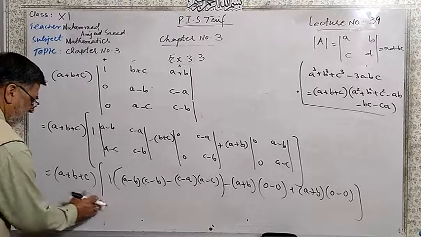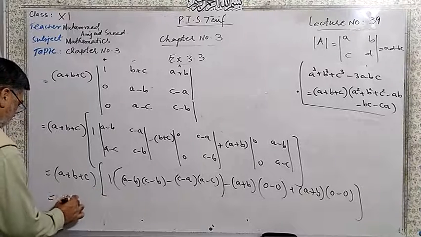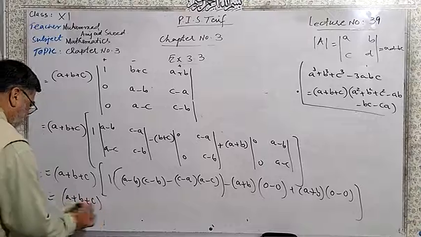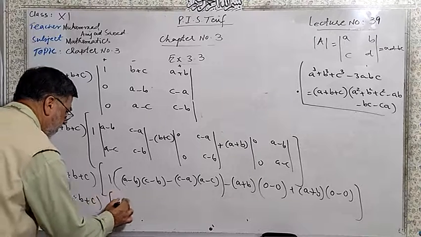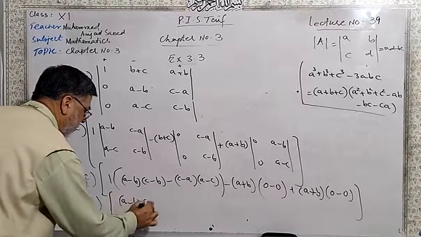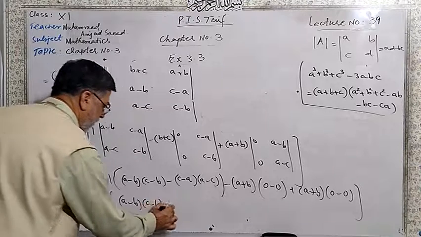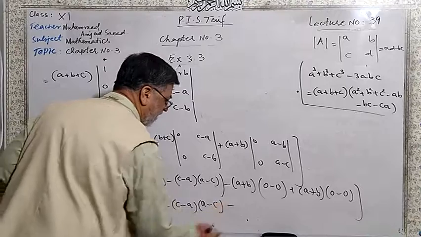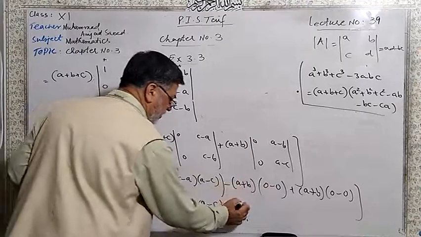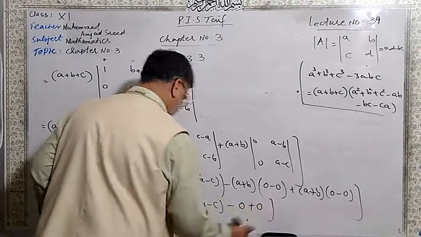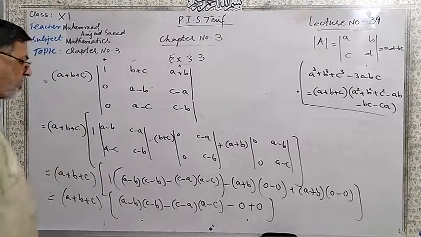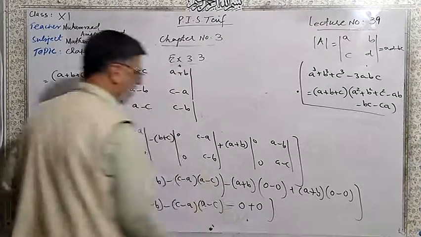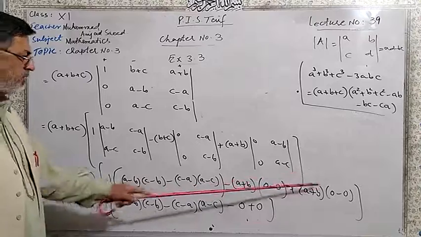So we have A plus B plus C into A minus B, C minus B, minus C minus A into A minus C, and these two terms will become 0.